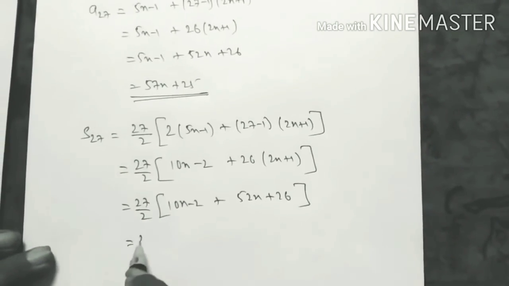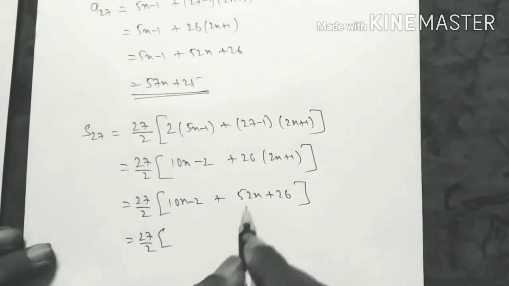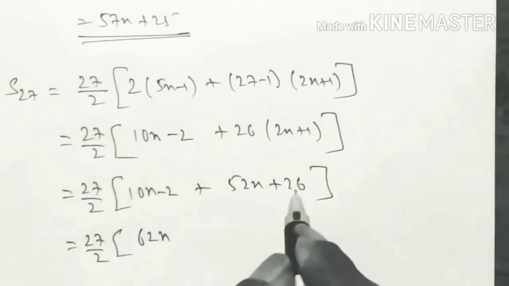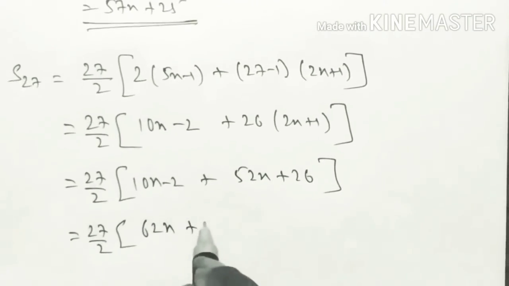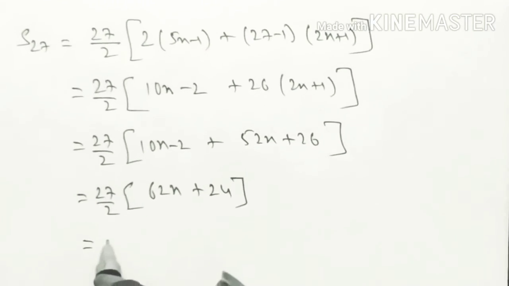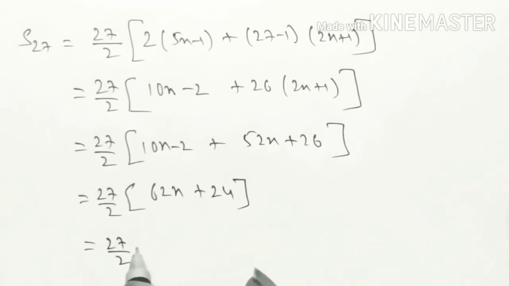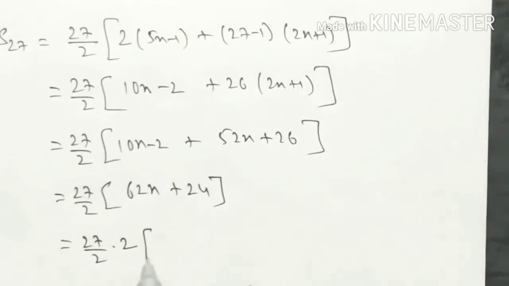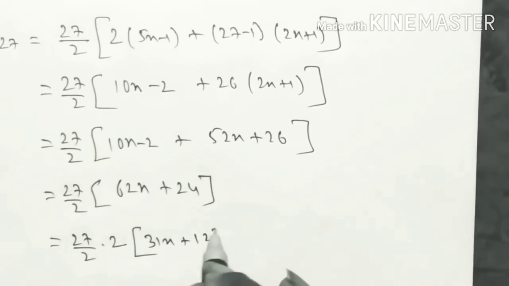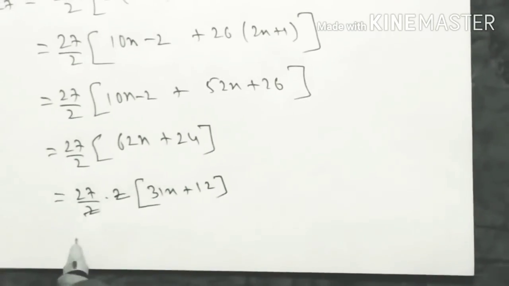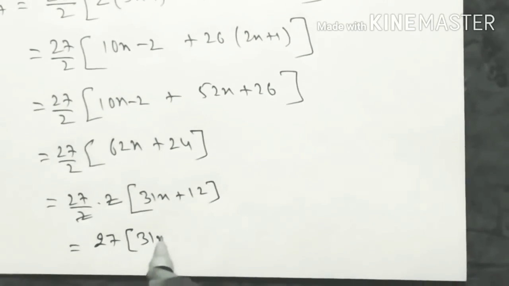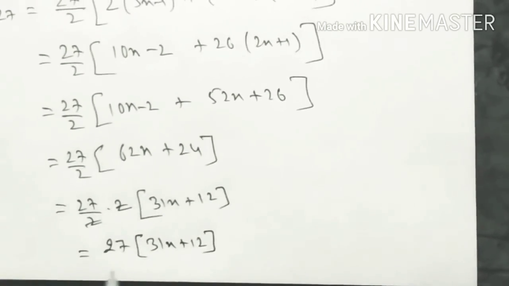Now 27 by 2, 52 and 10 comes out to be 62n, and now plus 24, so you can take 2 common here. When you take 2 common, it will become 31n plus 12, and this 2 cancels out, that is equal to 27 bracket 31n plus 12.